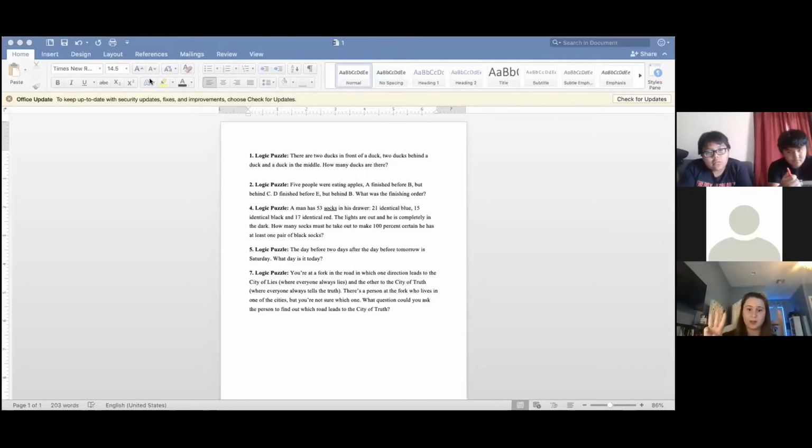I will explain it again. There are 3 ducks in the first situation. There's 2 ducks in front, so imagine this is the first duck. There's also a duck 2 behind, so imagine this is the duck 2 behind, and now a duck in the middle. So the answer is 3. Good job for a couple of you who sent that. And maybe if you didn't send it, you got it right. Maybe you're on the right track.